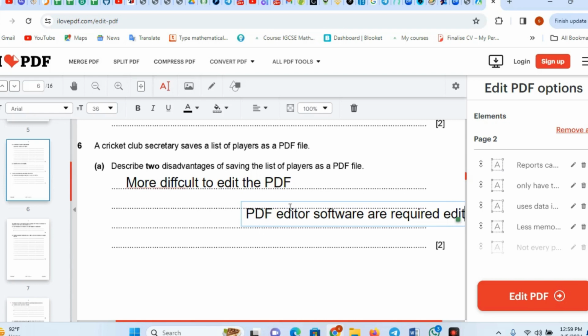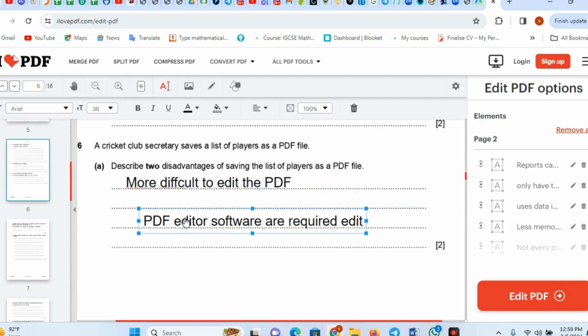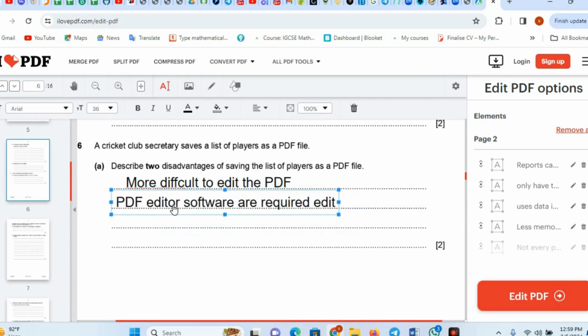For you to edit any file that you have inside a PDF file, you need PDF editor software. So those are the 2 disadvantages of saving the list of players as a PDF.